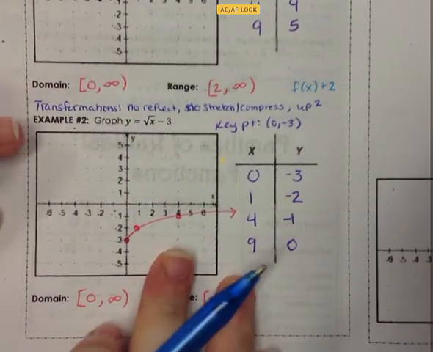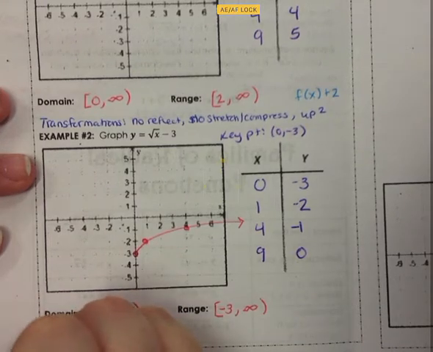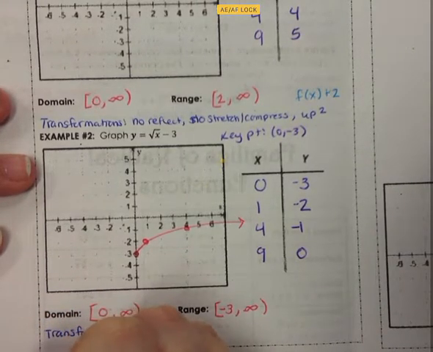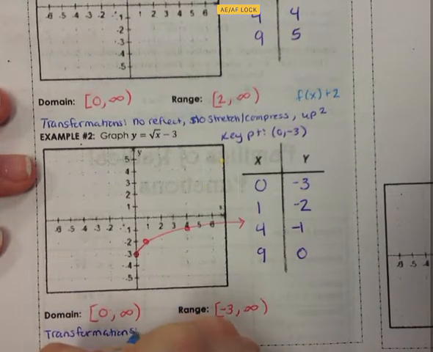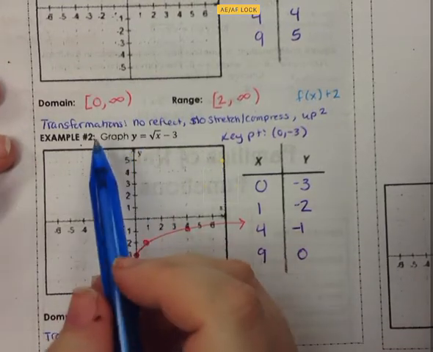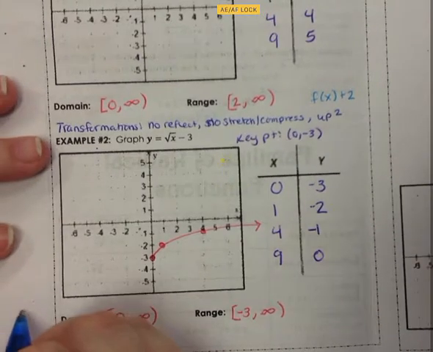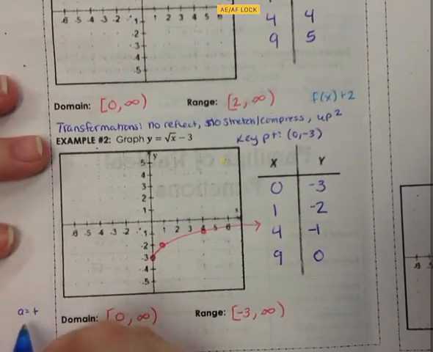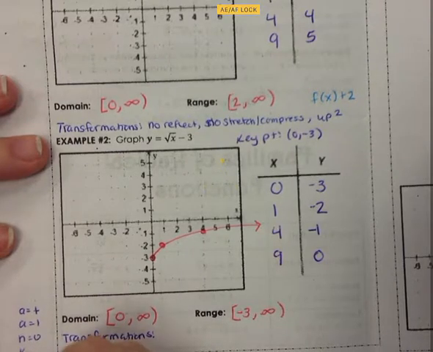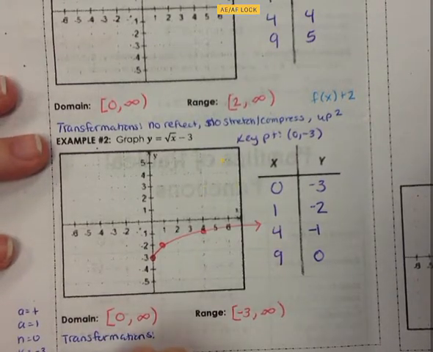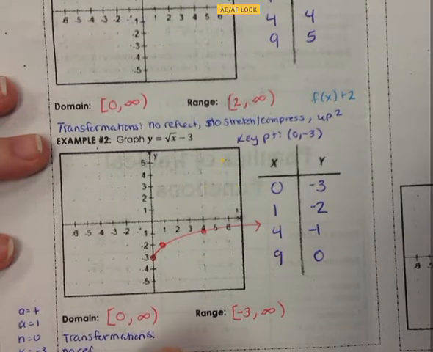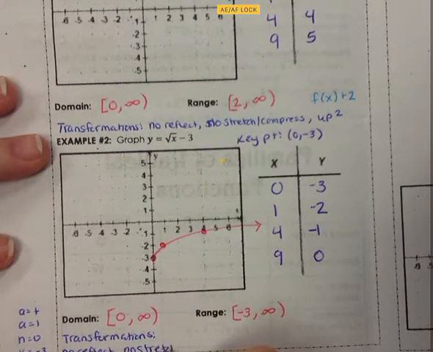So if we talk about our transformations, again, we talk about our a value. I'm going to write over here, a equals 1, h equals 0, and k equals negative 3. So that means there's no reflect, there's no stretch or compress.